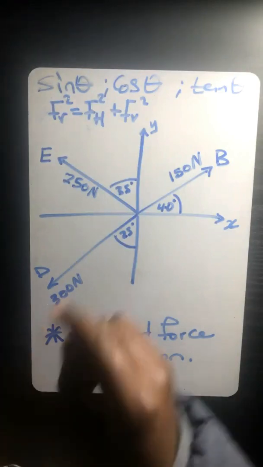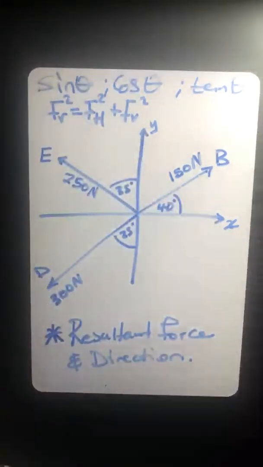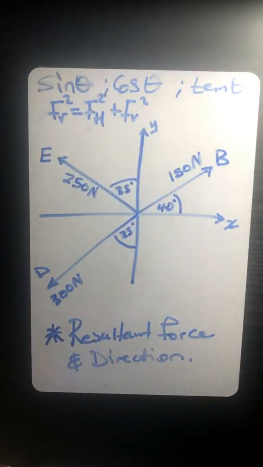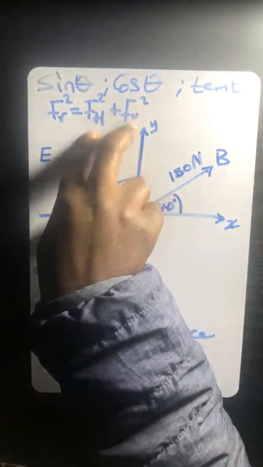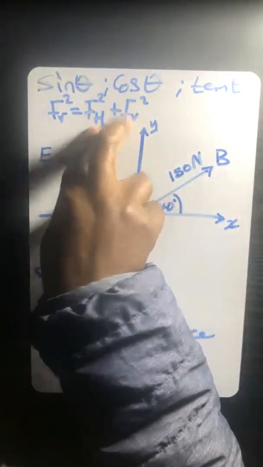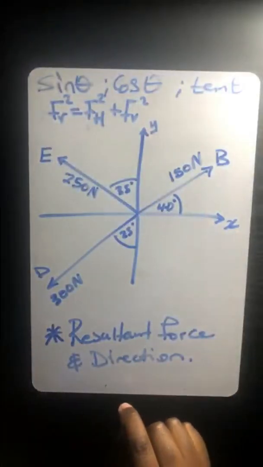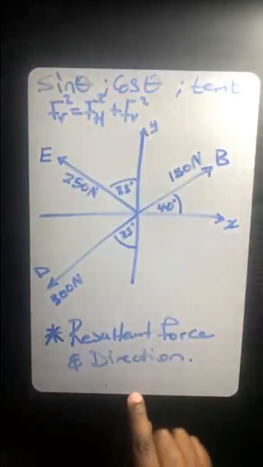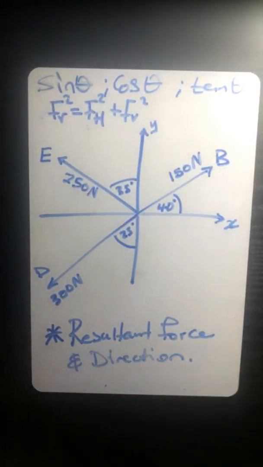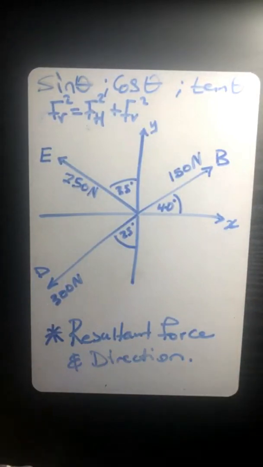Yeah, so that means you use this formula when you calculate the resultant force, and that's after you've calculated FH and FV using the sine and cos on this diagram. And then you use tan for calculating the angle, and then you use this for calculating the resultant force. Does it make sense now?